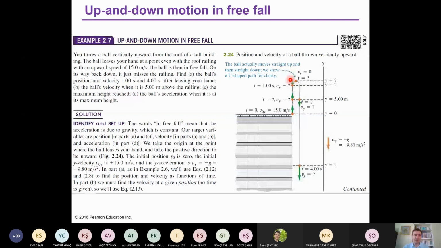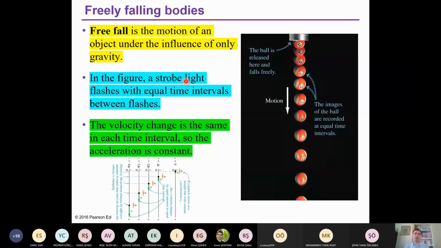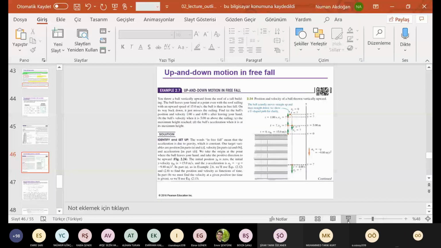So now let's continue with the other questions. In the first transparency, I explained what free fall is. Let me go back. We have defined free fall here. Free fall is the motion of an object under the influence of only gravity. So what about this motion from the roof in the positive y direction?